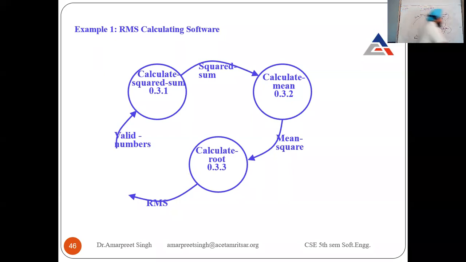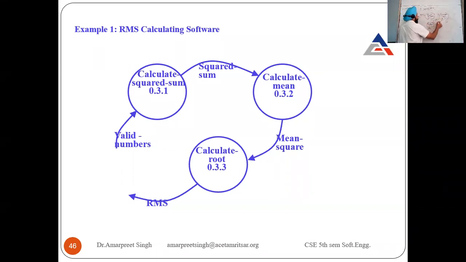So how is this explored? We can explode this diagram and go to the level 2 DFD. We get the valid numbers. Then first, the numbers are here, and we will calculate the squared sum.